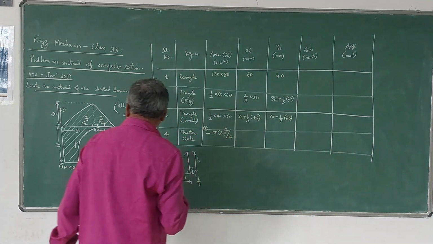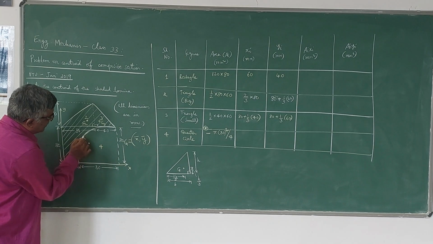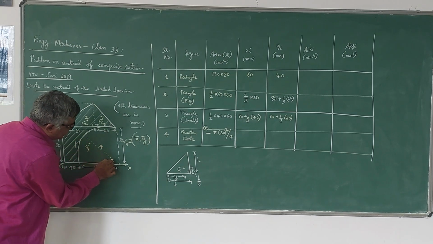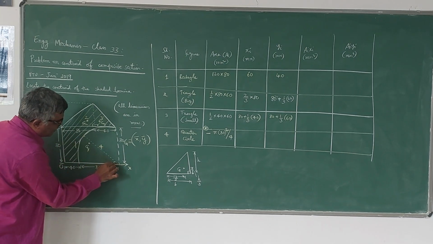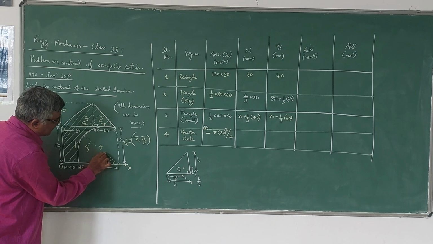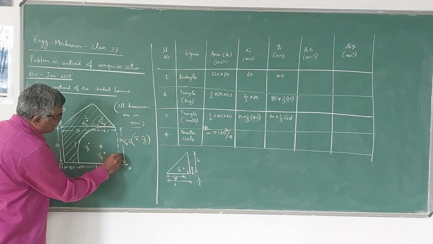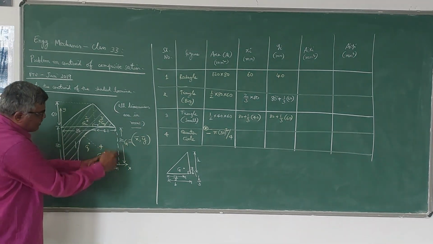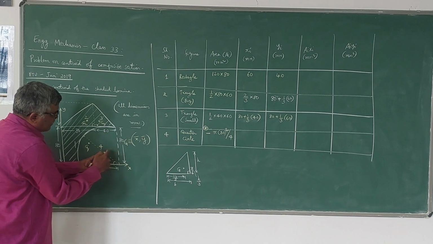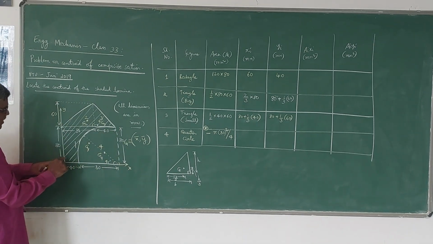Then I will locate the centroid of this quarter circle. You know that if you draw a 45 degrees line, the centroid lies on that line. So it lies in such a way that this distance from the diameter axis is 4r by 3 pi. But I need the distance from the y-axis.